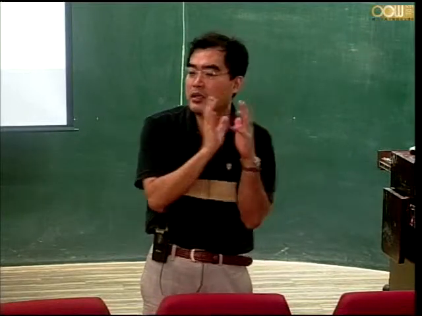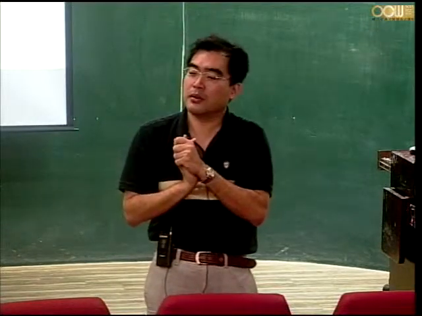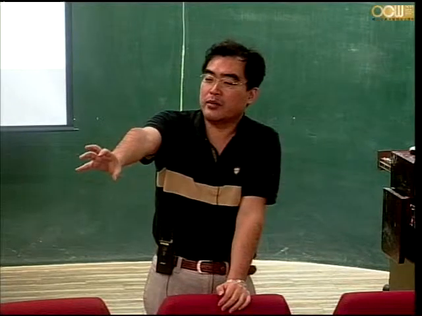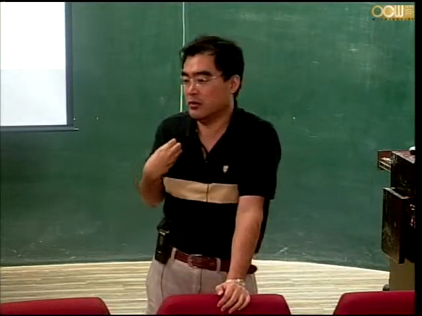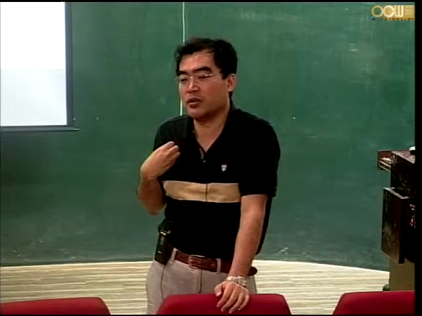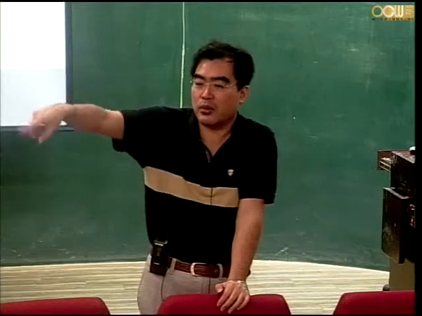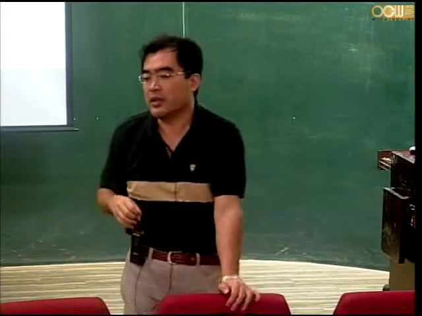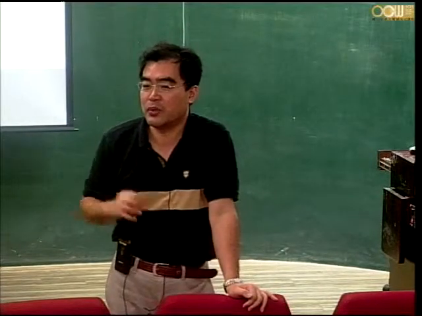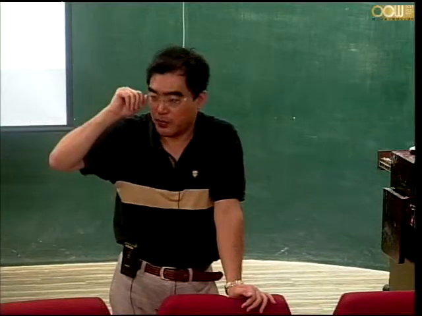So I send this RTS to you, and if you receive this RTS, which is small, then you send a clear to send to me. And when you send the clear to send, you are not just sending it to me, you are sending it to all the others. The clear to send frame is in broadcast mode, so the other stations will receive it.